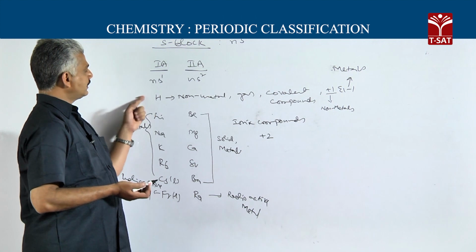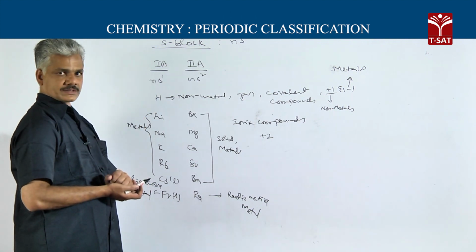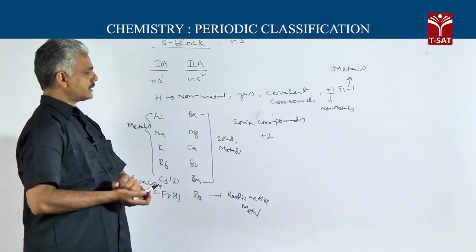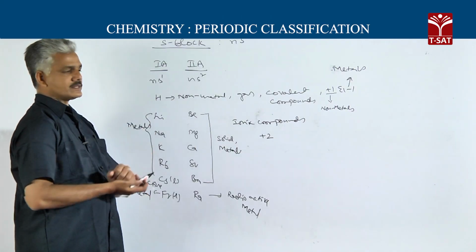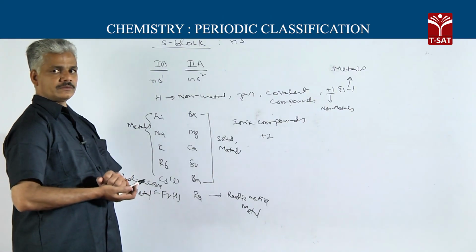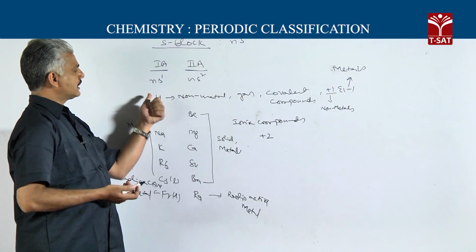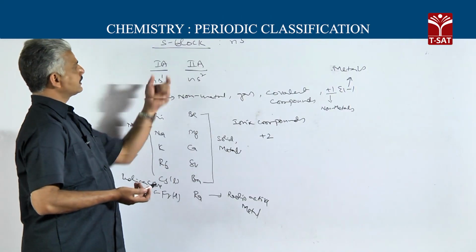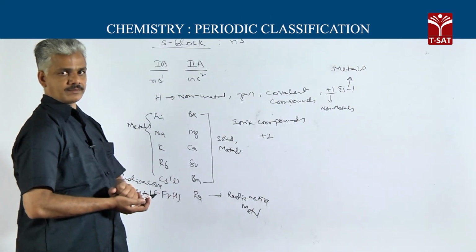Here the position of hydrogen in the s block is somewhat anomalous, because most of the properties of hydrogen are different from the rest of the elements of the same group. That is why, till date, the position of 2 elements in the periodic table is uncertain: one is hydrogen, the second one is helium. That is in short about the details of s block elements.